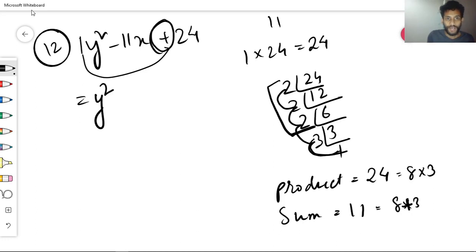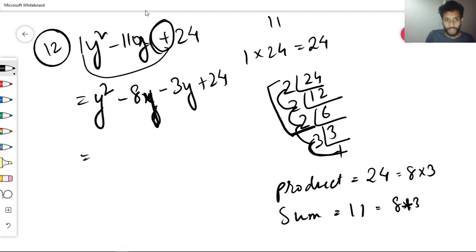Now it is y square. After that, see here there is minus. When the 2 numbers are in minus, we add them and the result will be in minus. So the expression is y square minus 8y minus 3y plus 24.